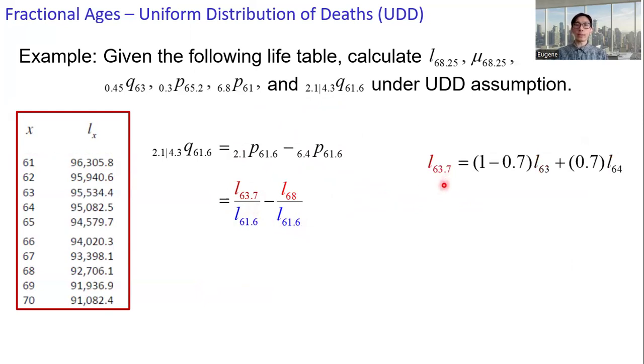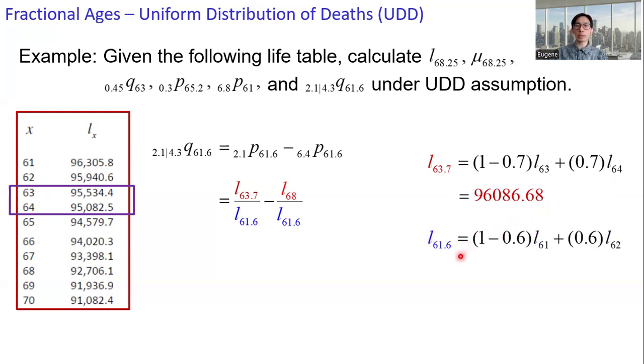Using the interpolation formula, L63.7 is given as this, the interpolation between L63 and L64. And then we get this. L61.6, interpolation between L61 and L62, we get the corresponding value.